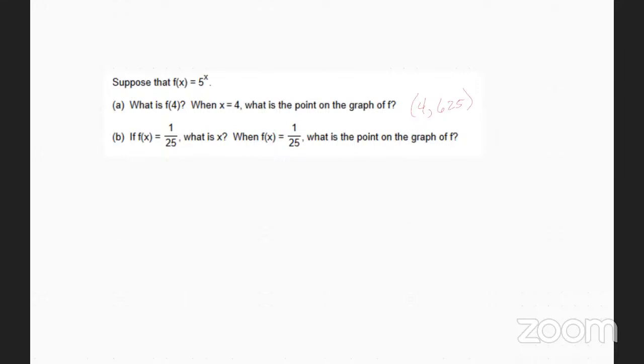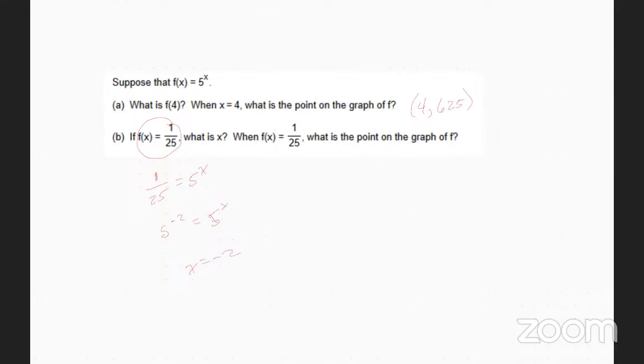Okay, I see. So 1 over 25 equals 5 to the x. Solve for x. Well, 1 over 25 is 5 to the negative 2. So x would be negative 2.